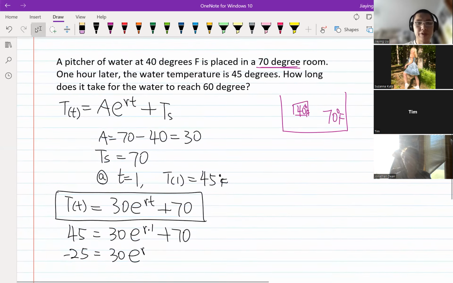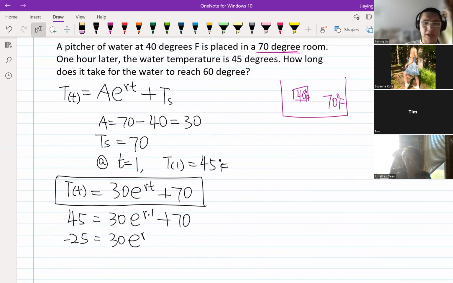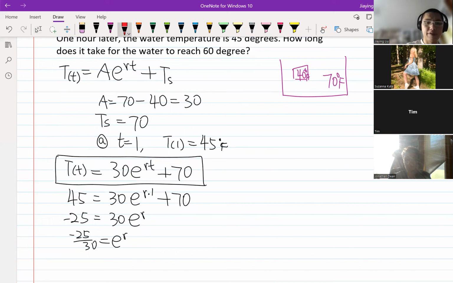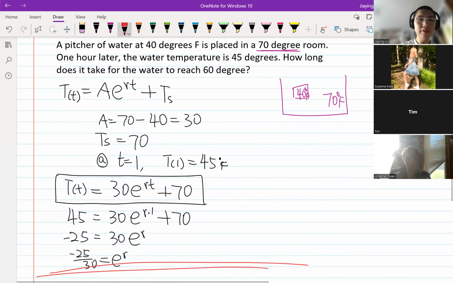I think I screwed up with this example, at least the way I'm trying to solve it, because I'm encountering a problem here. I have a negative value, which shouldn't happen. So negative 25 over 30 equals e to the R. That shouldn't happen. I definitely screwed up with this example. That's not good. I apologize for that.